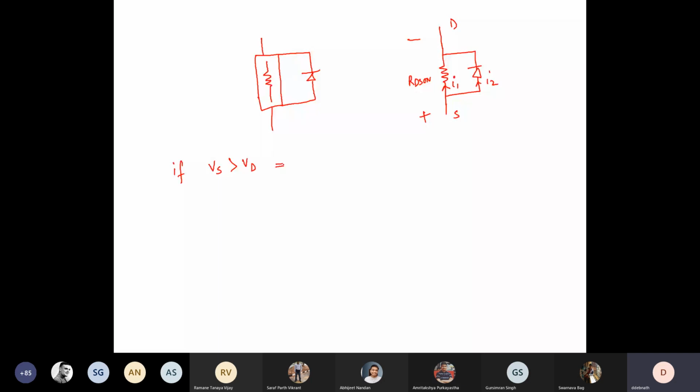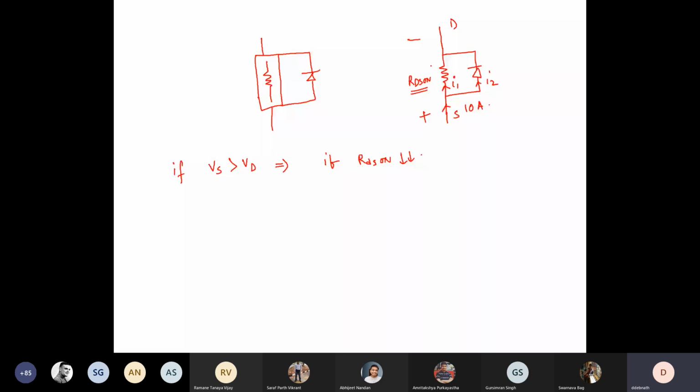If RDS on is much lesser, then let's say the circuit requires around 10 ampere of current. And typical RDS on, as I told earlier, for the favorable zone of a MOSFET, will be maybe around 10 milliohm, maybe 20 milliohm in that zone.